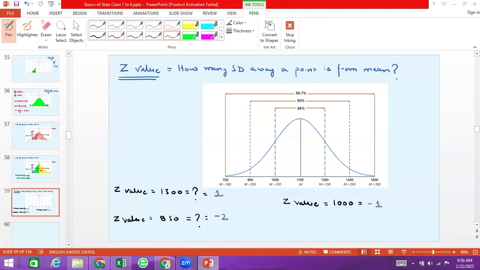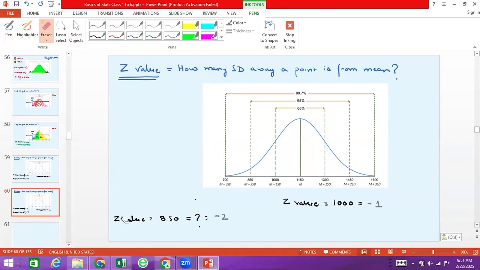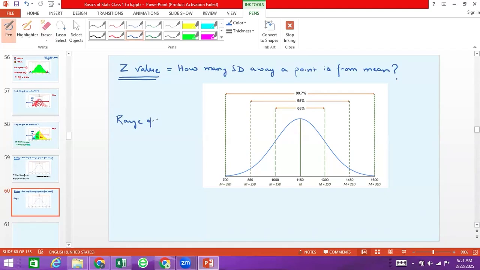And what can be the theoretical range of Z value? Minus infinity to infinity, because the points can obviously be greater than 1600, and the points can be less than 700 also. So theoretically, the range of Z value is from minus infinity to infinity.